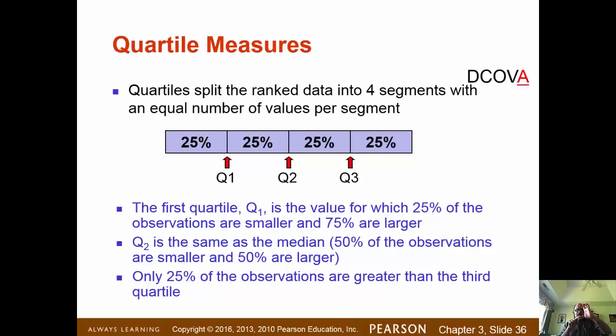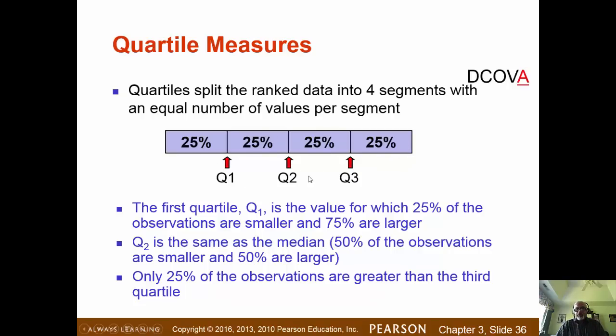Similarly, in the bottom half, you divide it into 2 equal halves, and the midpoint there is Q sub 3, because that's 3/4 of the way down from the top. So that's called the third quartile, Q sub 3. So: top 25%, then the next 25%, the next 25%, the next 25%.